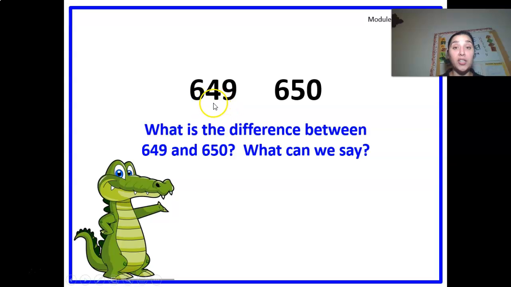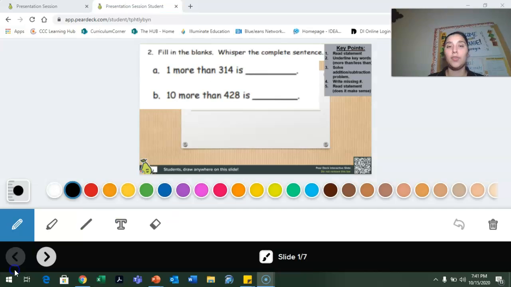Look, this is 4 tens and this is 5 tens. Oh, I'm sorry, boys and girls. Ms. Bocanera just noticed the mistake. What's the difference between 649 and 650? Yes, 1.